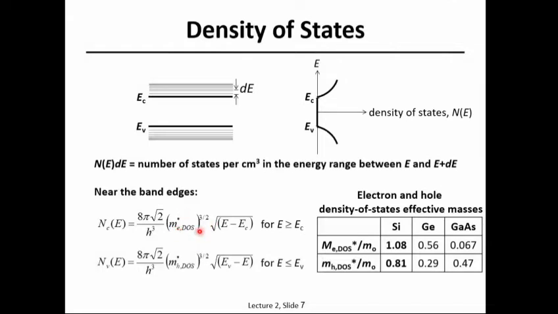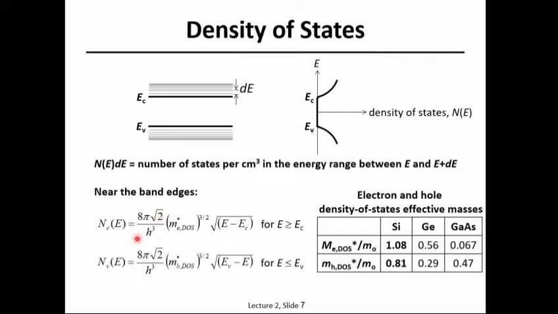Instead of m effective, I had M0 for free electron to the 3/2. Instead of E to the half in the free electron, here it's E minus EC to the half. And instead of pi square h bar cubed, here we have 8 pi over h cubed.